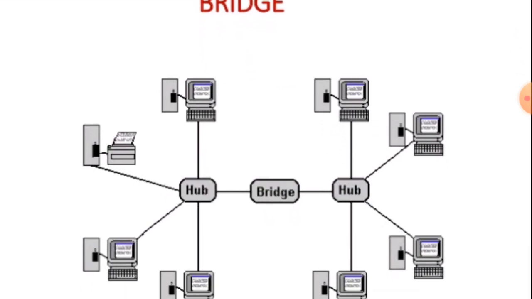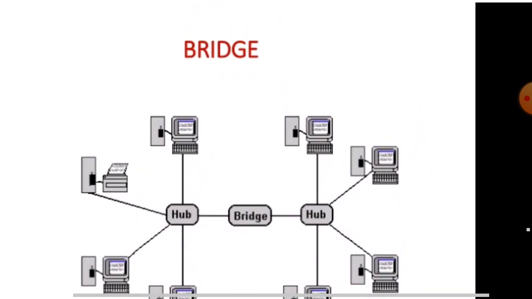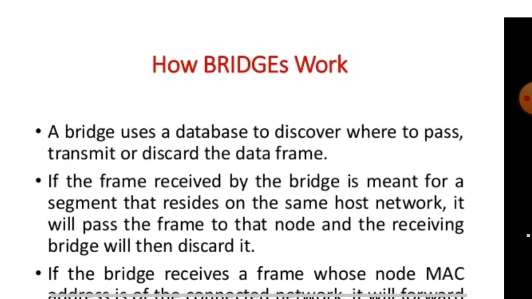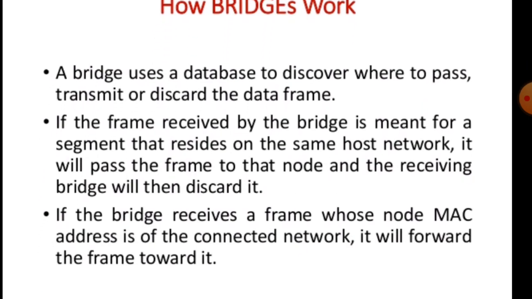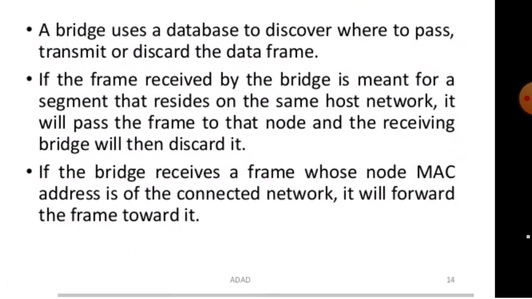Where a bridge can be connected in the network: two hubs are connected by a bridge. How do bridges work? A bridge uses a database to discover where to pass, transmit, or discard the data frame. If the frame received by the bridge is meant for a segment that resides on the same host network, it will pass the frame to that node and the receiving bridge will then discard it.